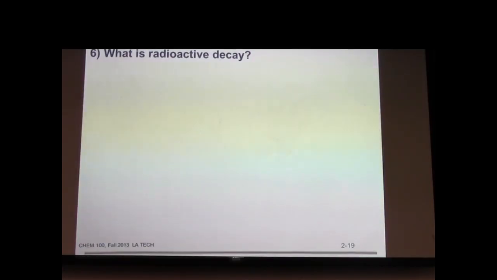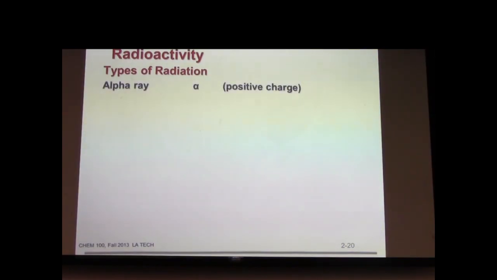The helium nucleus is 2 protons, 2 neutrons, right? Mass number is 4. It's a positive particle. Alpha is helium.